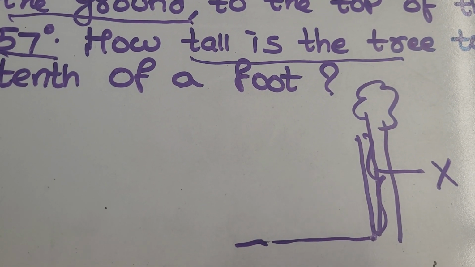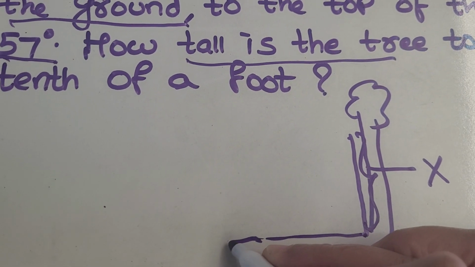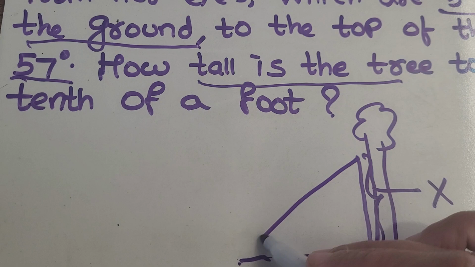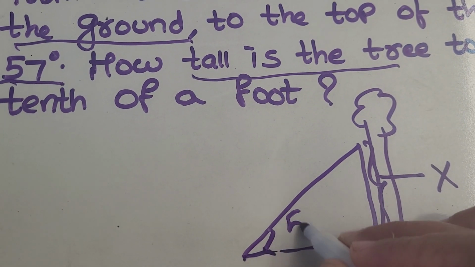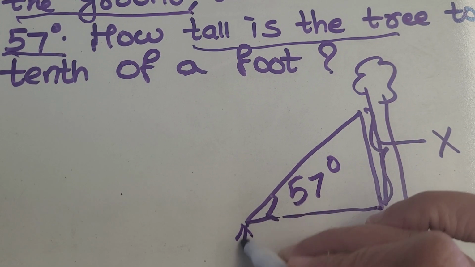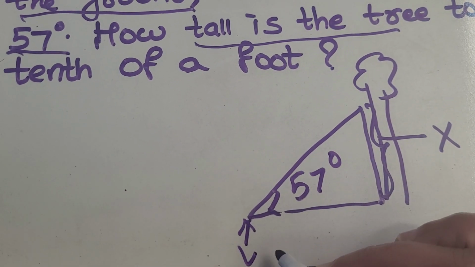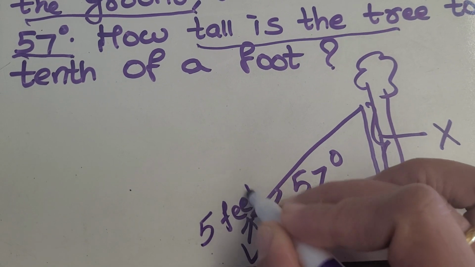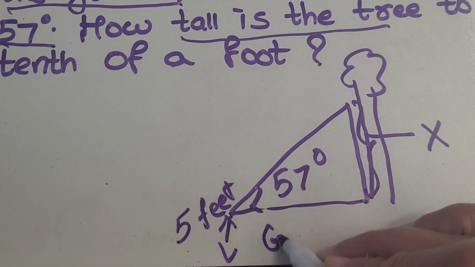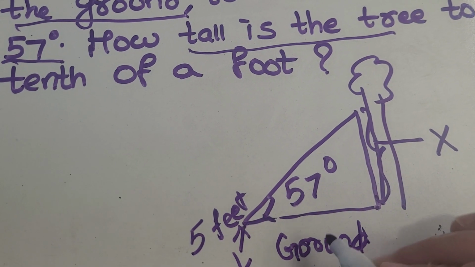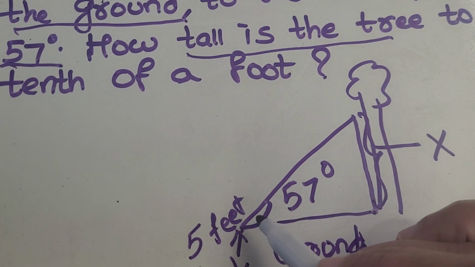And as you all know, the angle of elevation is 57 degrees, so I'm drawing a line and marking this as 57 degrees. But it was mentioned that it is 5 feet above ground. So let me draw the ground here, and from the ground it is 5 feet above.